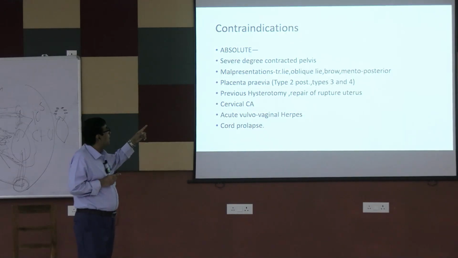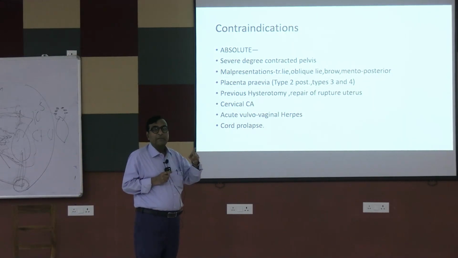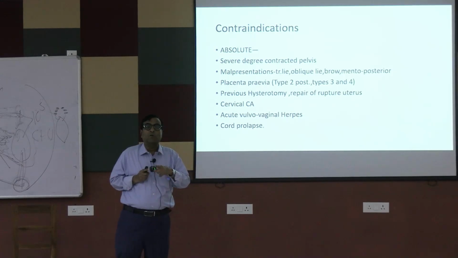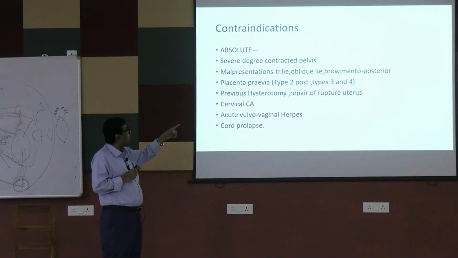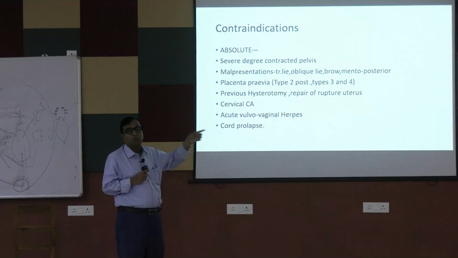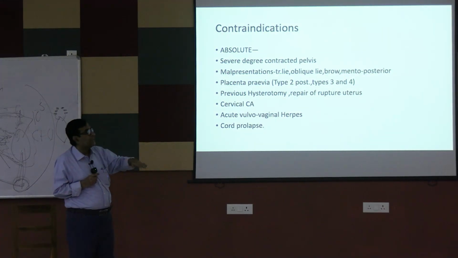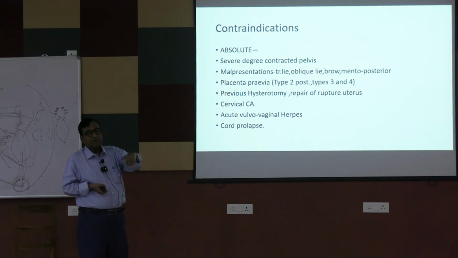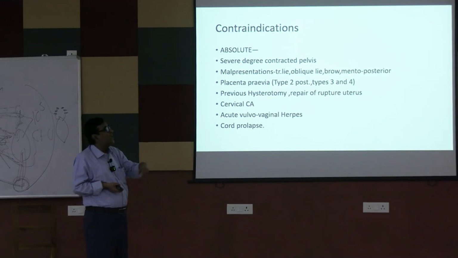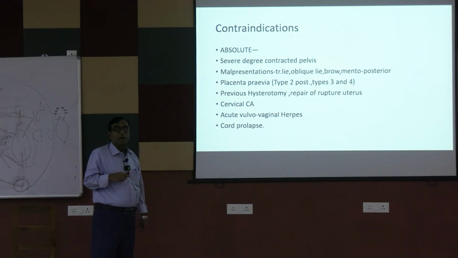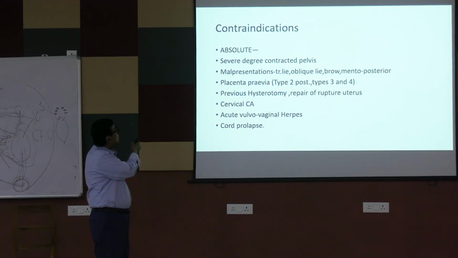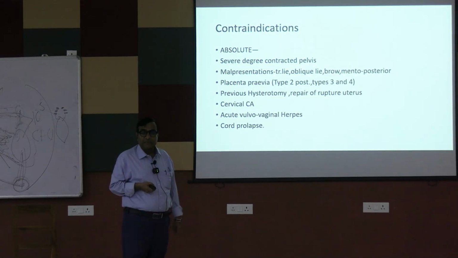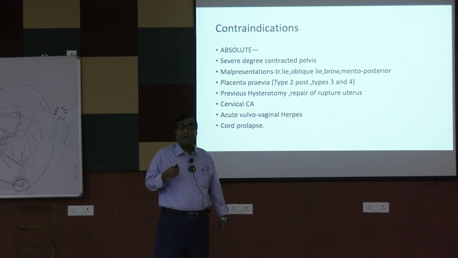If it is type 1 or type 2 anterior, only then we can go for induction. In the rest, type 2 posterior, type 3 and 4, we won't go for induction, because the placenta is in front of the fetus. This will hinder the entrance of the head into the pelvic cavity, and there is much more chance of bleeding. So these are contraindications. Number 4, history of previous hysterectomy, previous repair of rupture uterus.